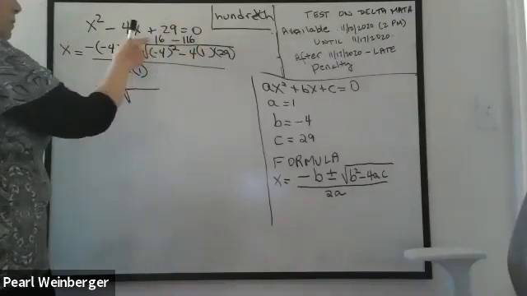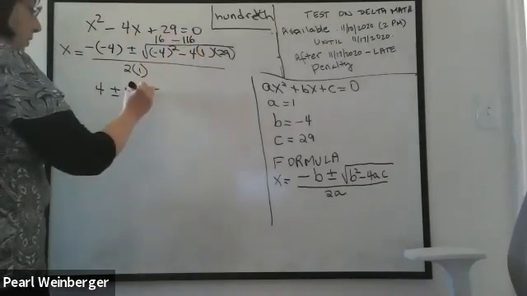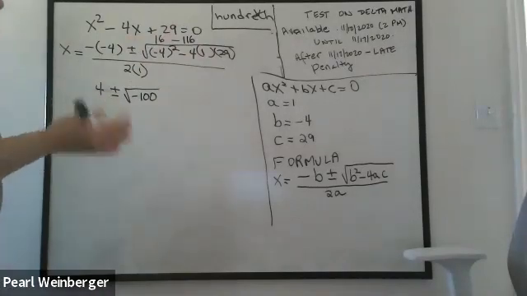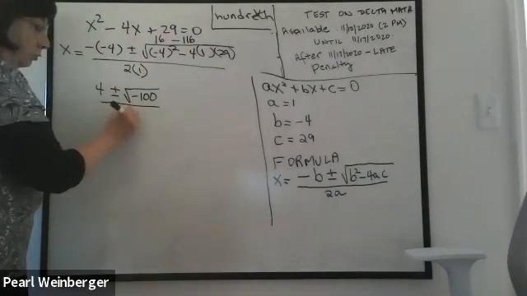So this comes out to be 16 minus 116, which comes out to be -100. This is not going to come out to be a decimal. And this is over 2.